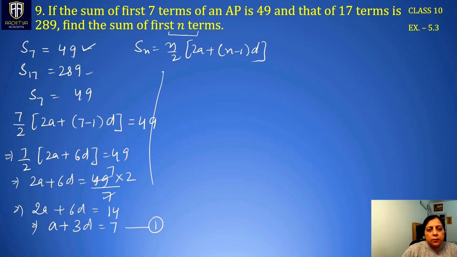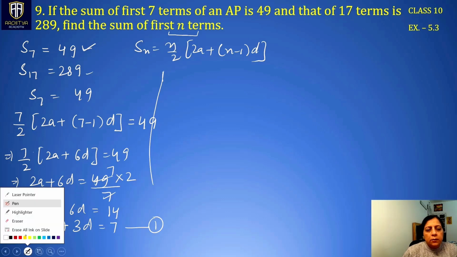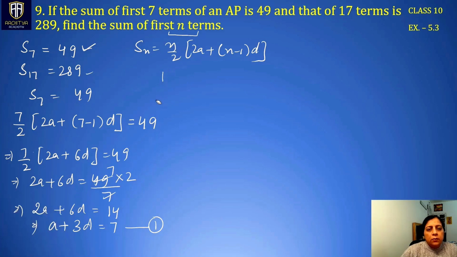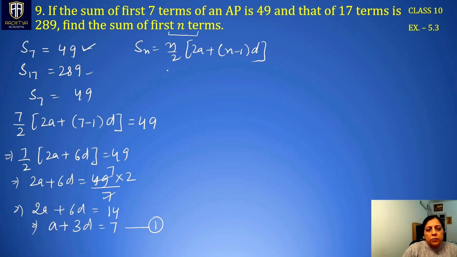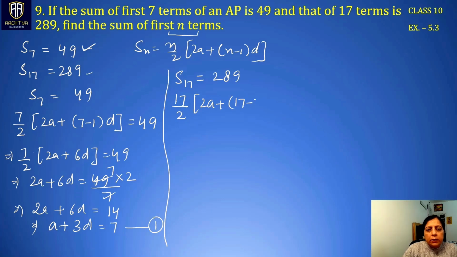Next part of this question says S17 is 289. Using the same formula, n is 17, so 17 by 2 times 2a plus 17 minus 1 times d is 289.